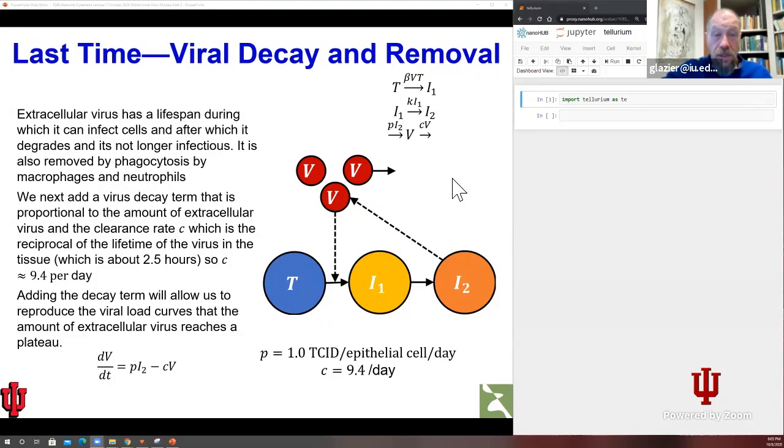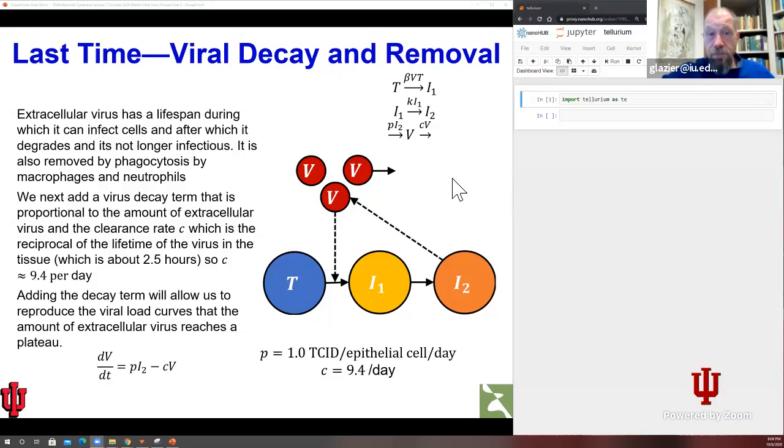It could be the natural lifetime of the virus in solution because it has a finite lifetime. It could be the clearance of the virus due to the cilia in the lungs. It could be scavenging of the virus by phagocytes. And so there are a whole host of different mechanisms that could be active that reduce the amount of virus in circulation.